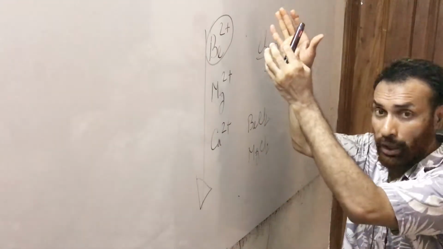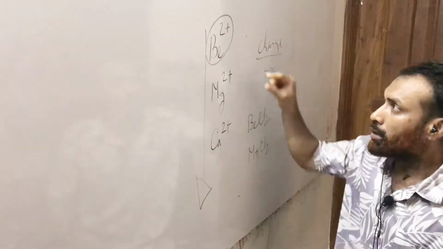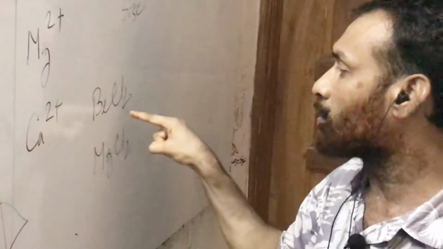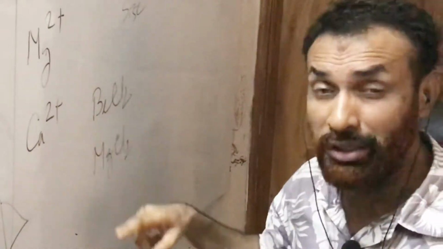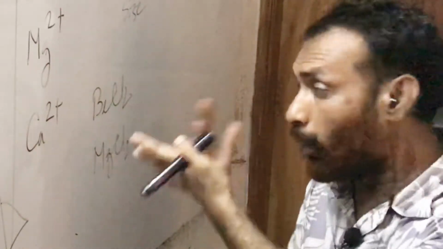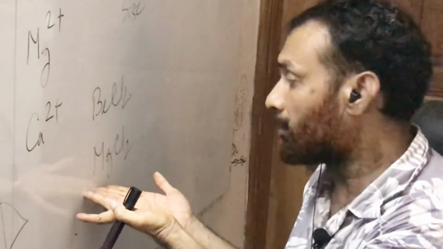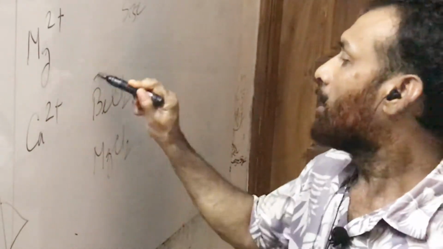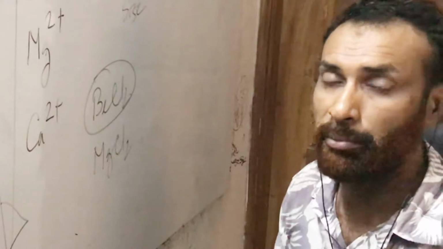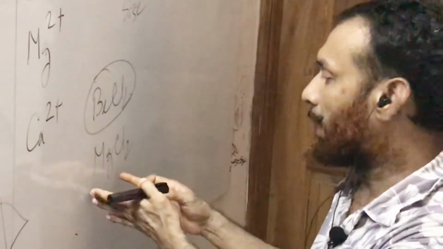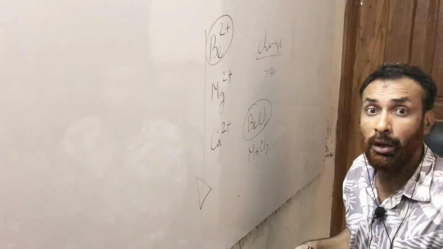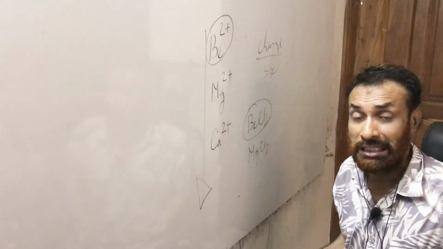So polarizing power decreases down the group. So beryllium will polarize the chloride more than magnesium polarizes the chloride. This is how you will get that beryllium chloride will be more covalent and magnesium chloride will be more ionic. So compounds down the group will have more ionic properties and less covalent.